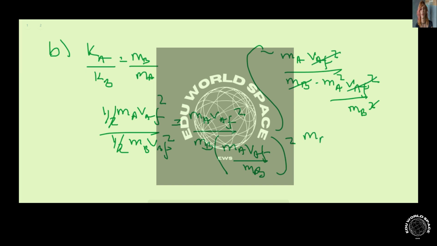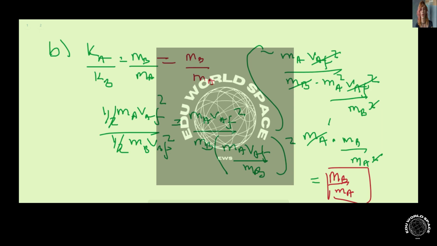So you have MA times MB over MA squared. The MA will cancel one of these, and that shows that eventually your final answer will be MB over MA, and that's what you wanted to prove. You wanted to prove that the ratio of the kinetic energies of A and B is the reciprocal of the masses of A and B, flipped.